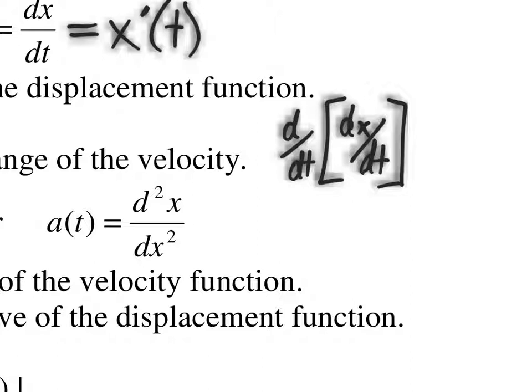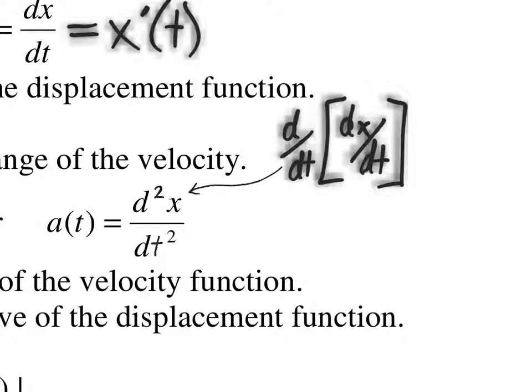Notice there are two d's there, so that's why it's d squared x over dt squared. And actually there's a typo on here. This x right here should be a t. So you can fix that. But that's where this comes from.